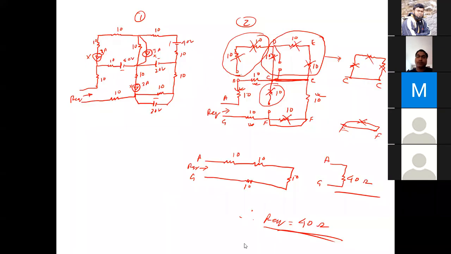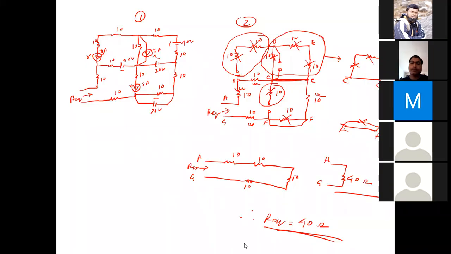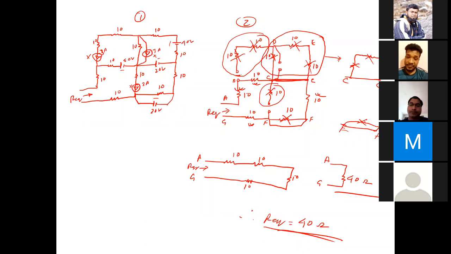Okay, so this is your previous problem. Is everybody wrong in this answer? Anybody wrong? Usman, is your answer correct? No, sir.